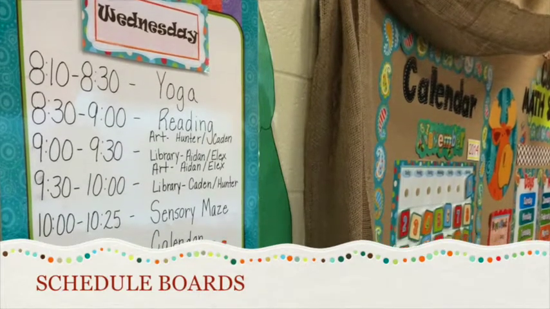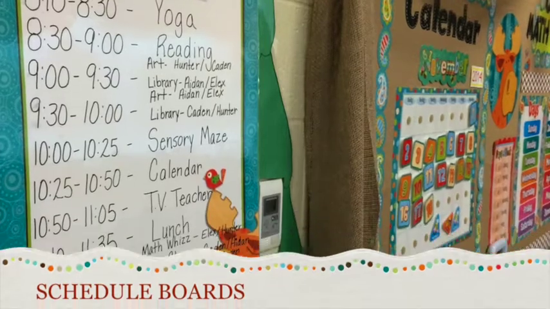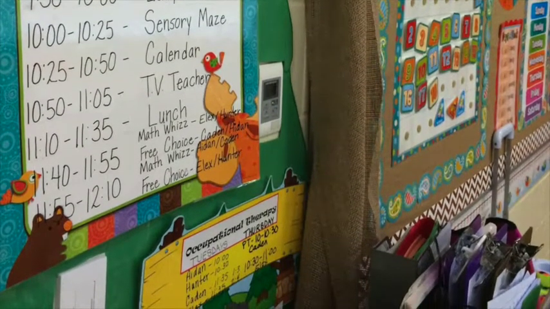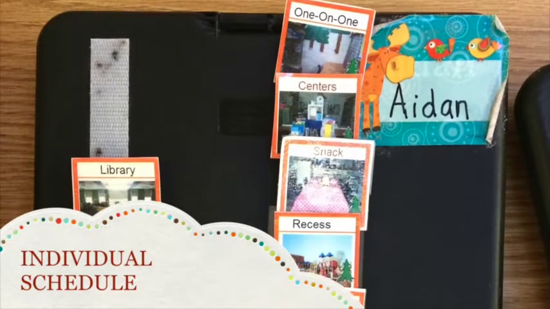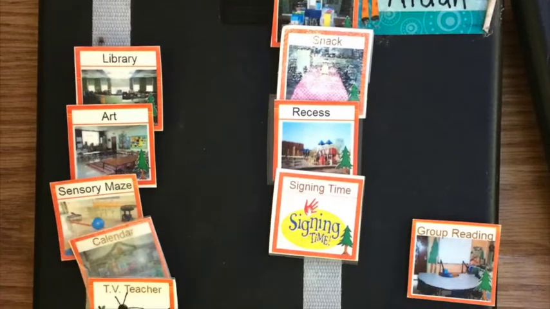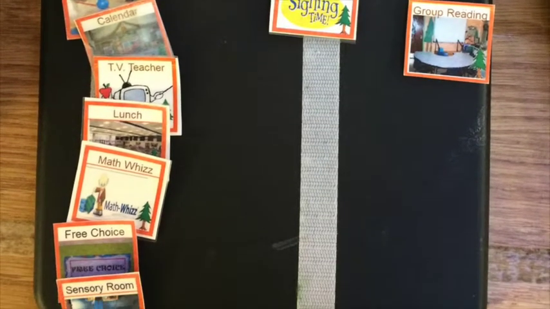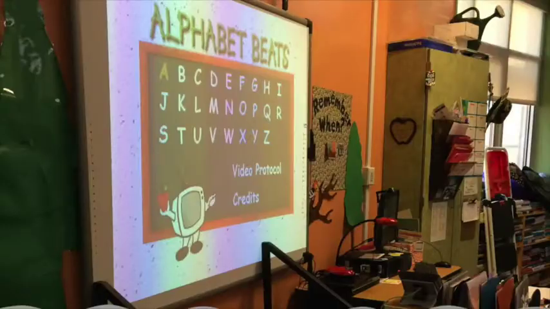The classroom included a main schedule board for all students, which gave a detailed summary of the day. In addition, each student had an individual schedule which was formatted through the use of picture cards to give visual support regarding the transitions made throughout the day.